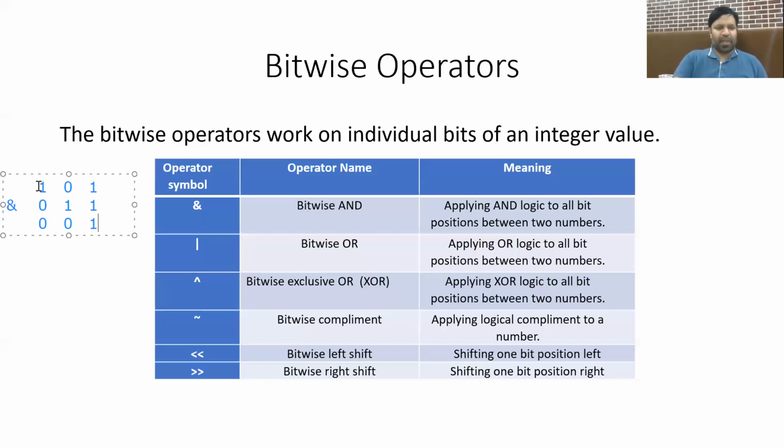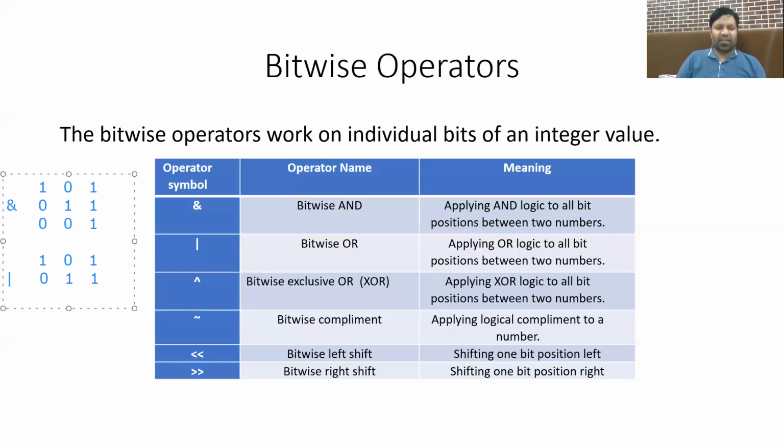Now let us apply the bitwise OR to 5 and 3. What is the binary equivalent of 5? That is 1, 0 and 1. We are going to apply the bitwise OR, 5 or 3. What will be the final outcome? 1 or 0 is 1.